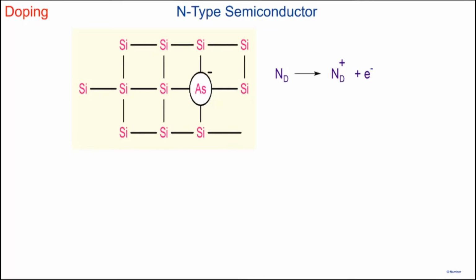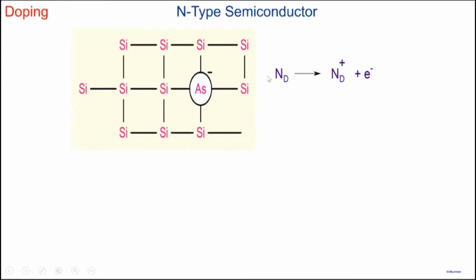semiconductors, one of the ways of altering the properties of a semiconductor is through a process of doping. So if we have a semiconductor such as silicon, and if we add an impurity from the fifth column such as arsenic, then the arsenic atoms, we call them donors because they donate electrons to the conduction band.